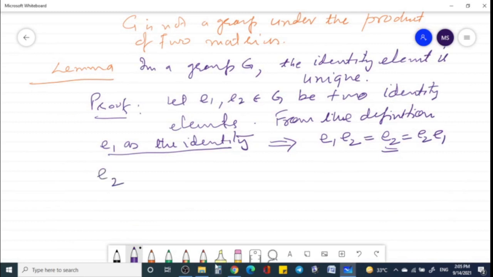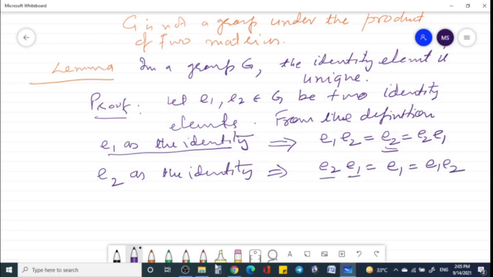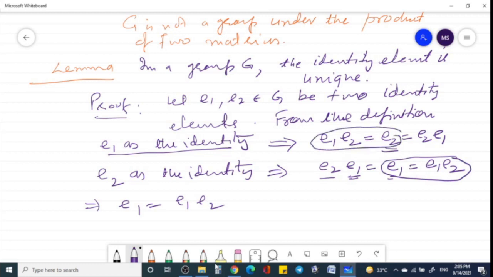Similarly, if E2 is the identity element, then you will get E2 E1 is E1 and E1 E2 is E1. It means that E2 is the identity element and E1 is any element, so the resulting element will be E1. So that implies E1 is E1 E2, and from the earlier result, E1 E2 is E2. So that implies these two elements are the same.